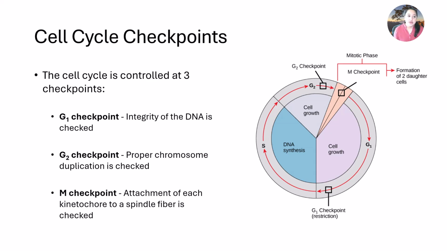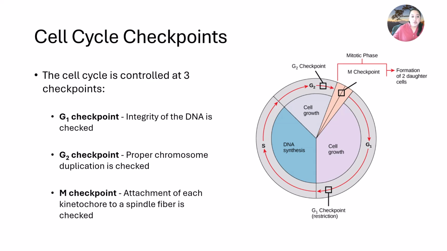So the cell cycle has 3 checkpoints. The G1 checkpoint, right here, is before you copy the DNA, after you've copied proteins and stuff like that. Before you even copy the DNA, you want to make sure the integrity of the DNA is okay, because if the DNA is messed up and there are huge errors, you want to know about that ahead of time before you make copies of it.